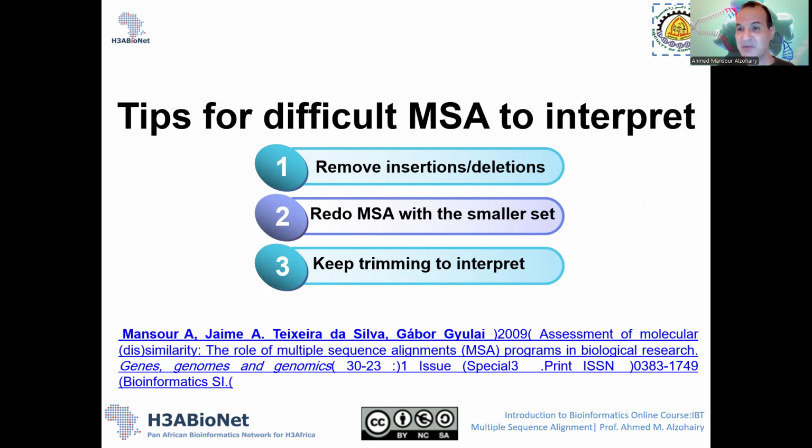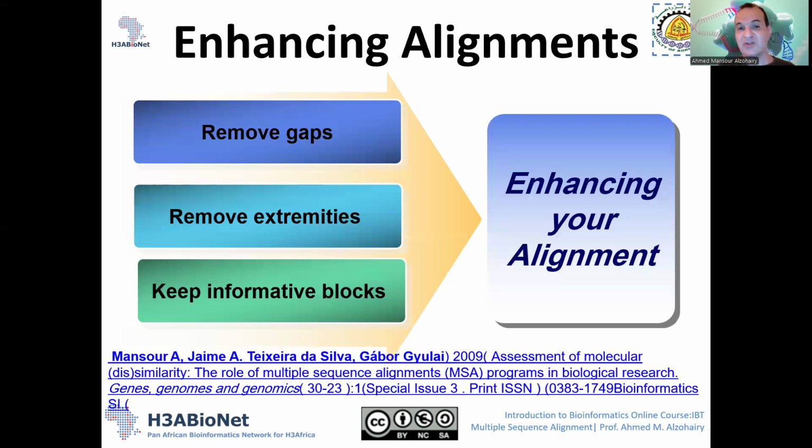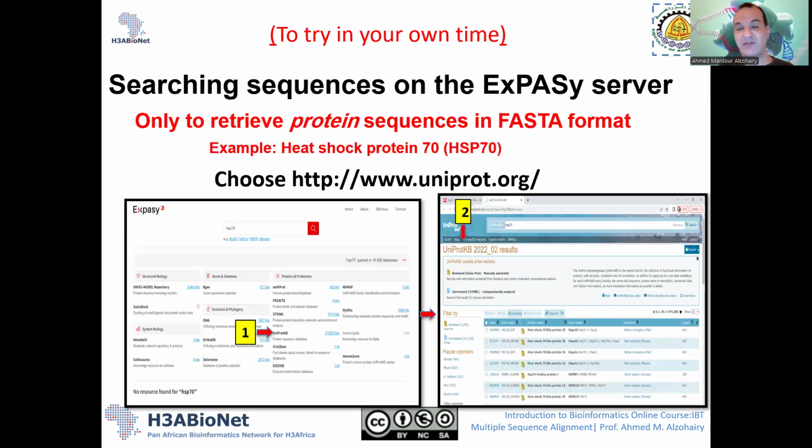And also keep trimming to interpret, especially the extremities. So always, to enhance your multiple sequence alignment, you can remove gaps, remove extremities, and keep informative blocks, as we said, because it may give you very important indications for conserved regions, which we'll talk about in the coming lecture.